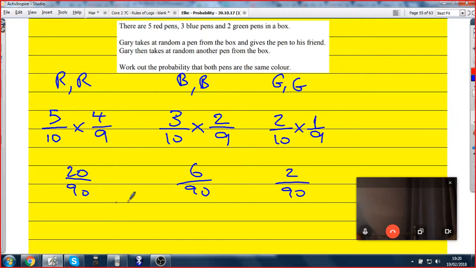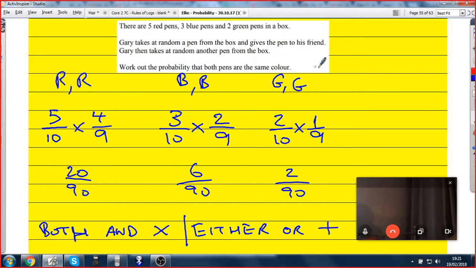So if you have both, in probability, so like they are both red and red, both blue and blue, both green and green, you multiply, and if you have either or, you add. So any idea how we combine these three to make one probability?